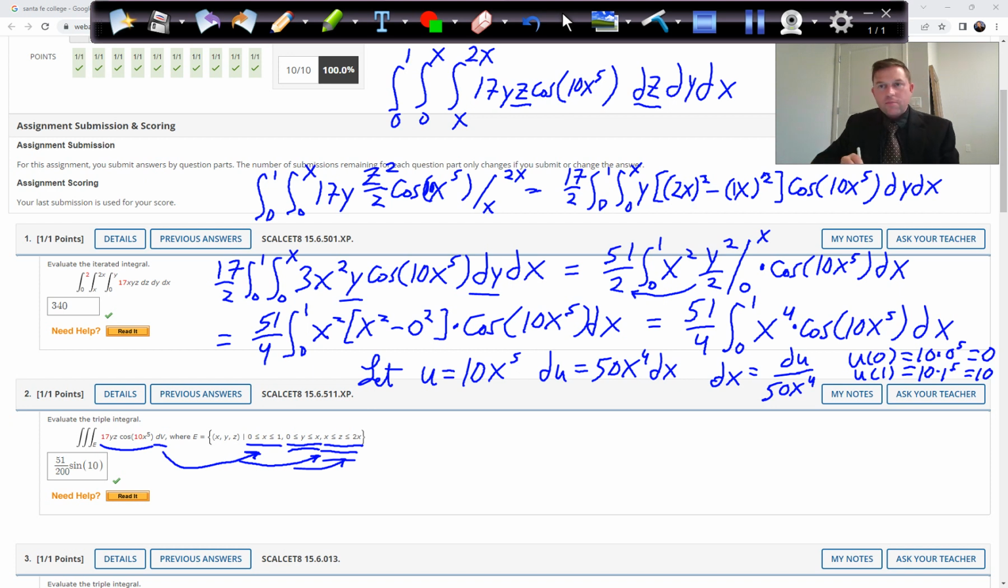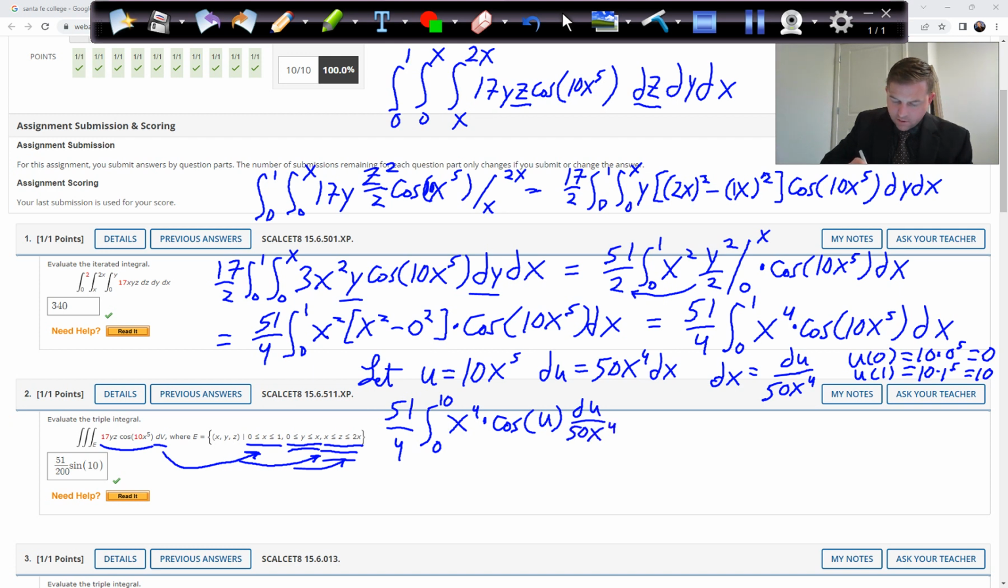So we will change our limits so we don't have to back substitute at the end. So we're going to get 51 over 4. Now the limits are 0 to 10, and it's x to the 4th times cosine of 10x to the 5th, but 10x to the 5th is u, times dx, but dx is really du over 50x to the 4th.